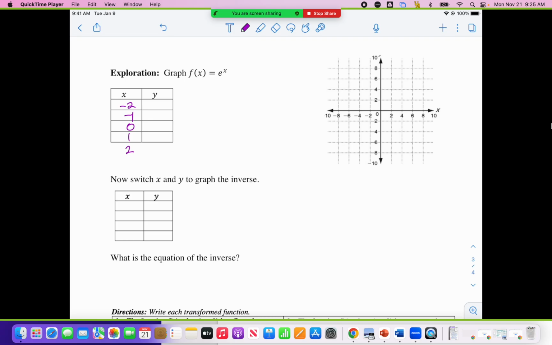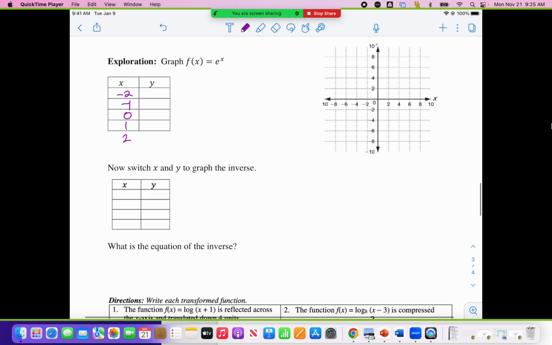Go ahead and fill in your table. Do e to the negative 1, e to the 0, e to the 1, and e to the 2. Then go ahead and start plotting those points.